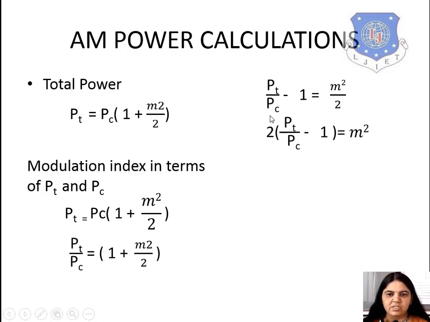We take this 2 to this side, so it is 2 in bracket PT by PC minus 1 is equal to m square. Therefore, small m is equal to the square root of 2 in bracket PT by PC minus 1. So this is the modulation index, in terms of the total power and the carrier power.